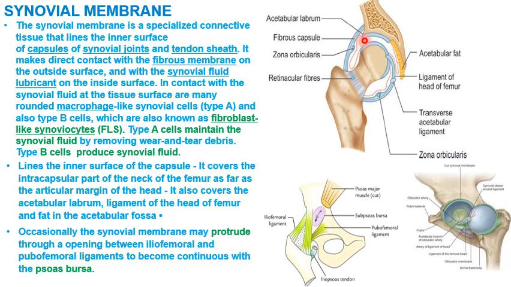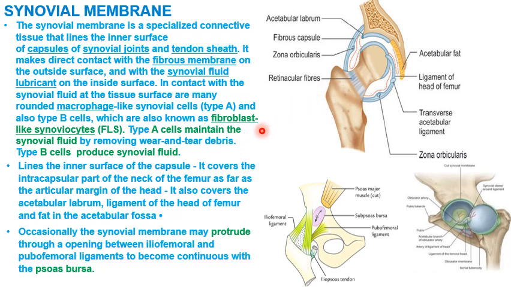The inner surface of the synovial membrane has macrophage-like and fibroblast-like synoviocytes, which are of two types, type A and type B. Both type A and type B cells are found on the inner surface of the synovial membrane.